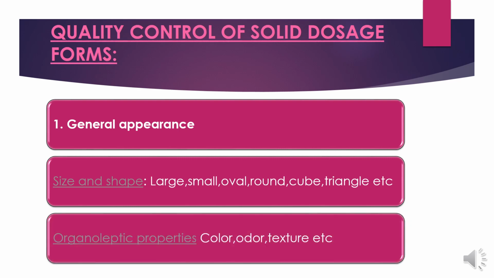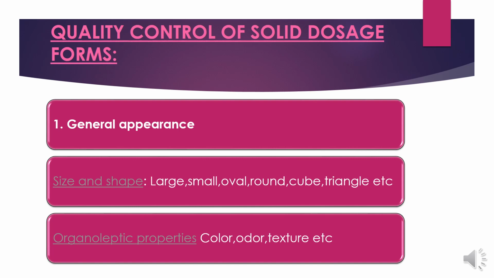And second we have the organoleptic properties, that is what type of color is applied for the tablet or the granule or the powder or the capsule, and their particular odor, whether any flavoring agent is being used or not, and their texture.